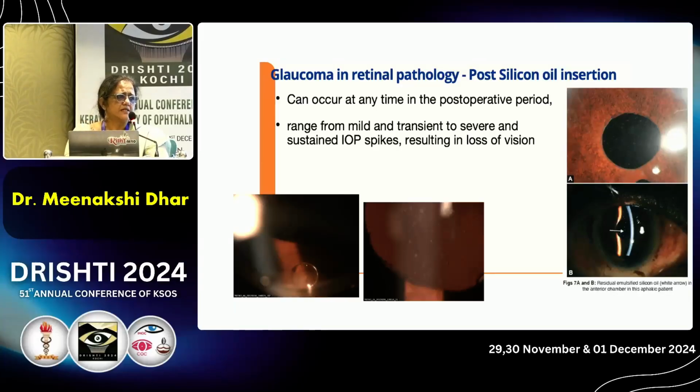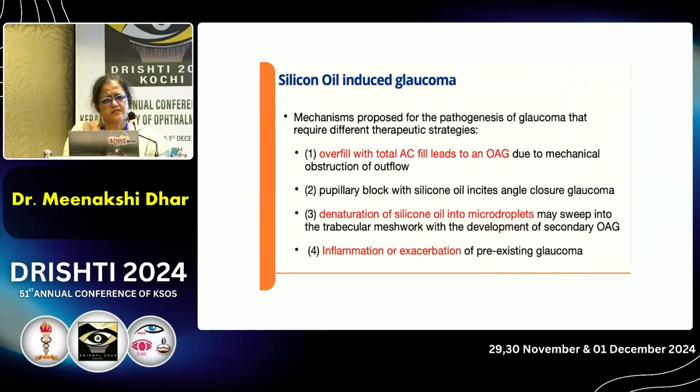In silicone oil, it occurs because of the emulsification of the silicone oil, which can go and clog the trabecular meshwork, and these spikes can be any time after the surgery or even after removal of the silicone oil.